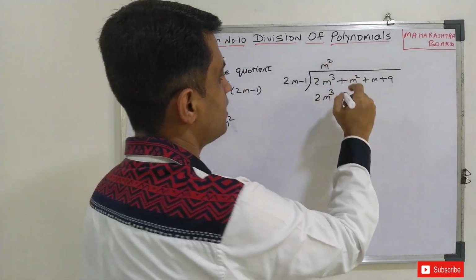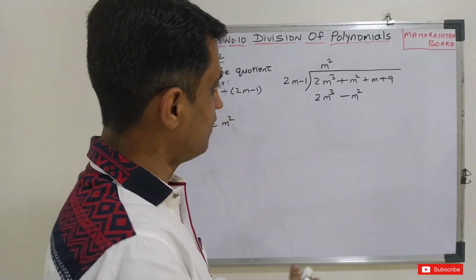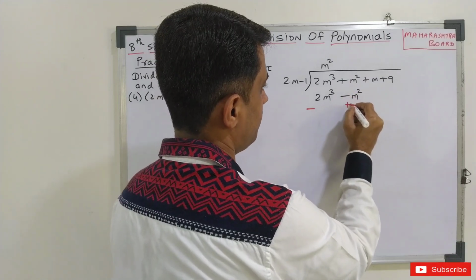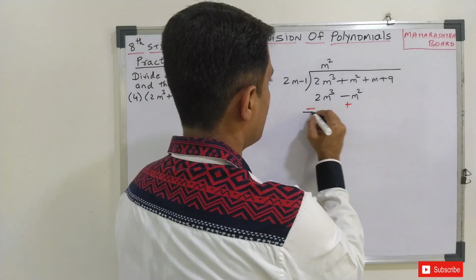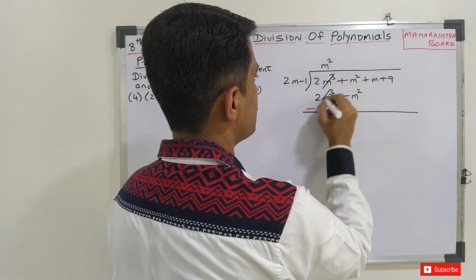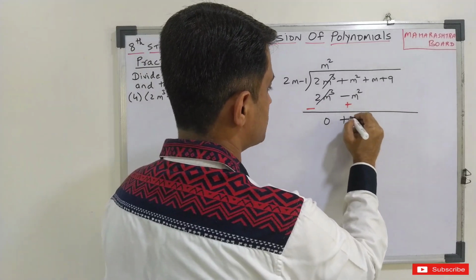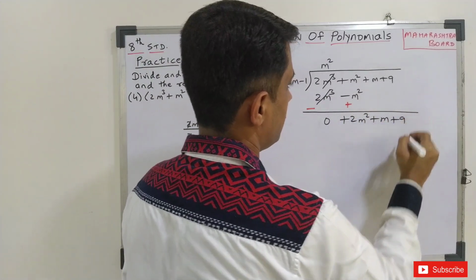Minus 1 into m square is what? Minus m square. Now students, change the sign. This will become minus, this will become plus. Now here this will get cancelled, we get 0. Now m square plus m square is what? Plus 2m square plus m plus 9.